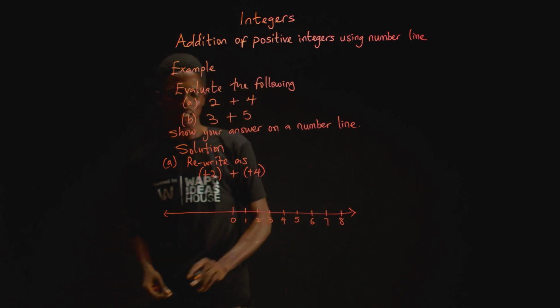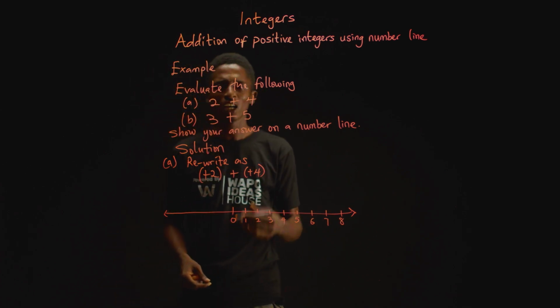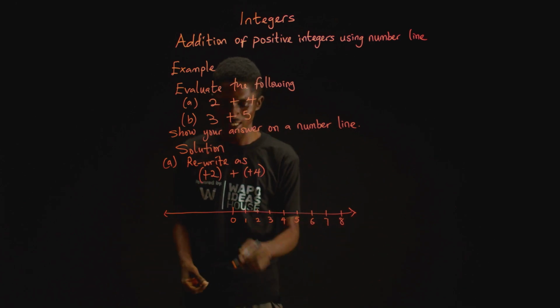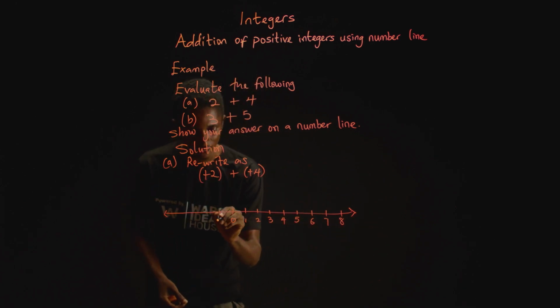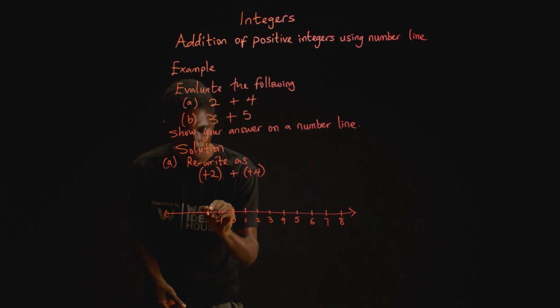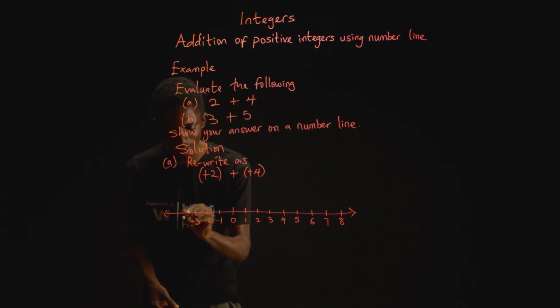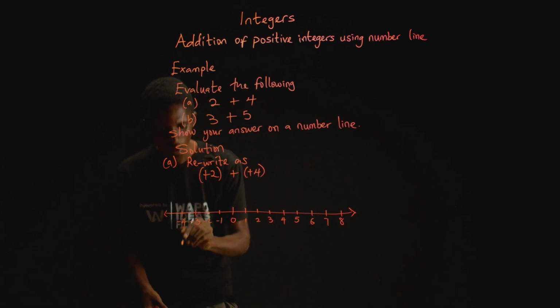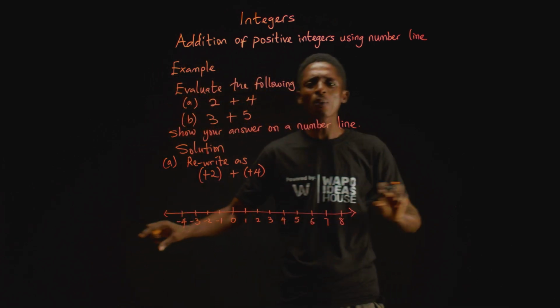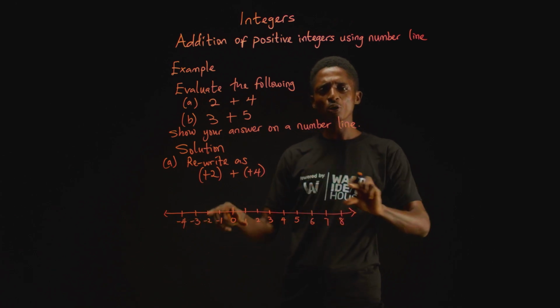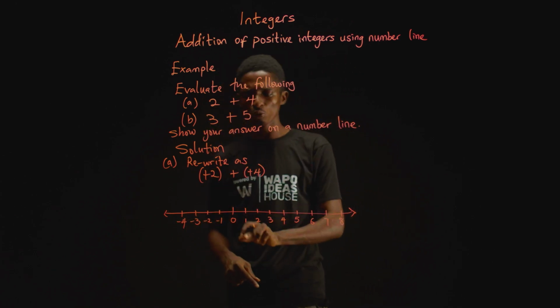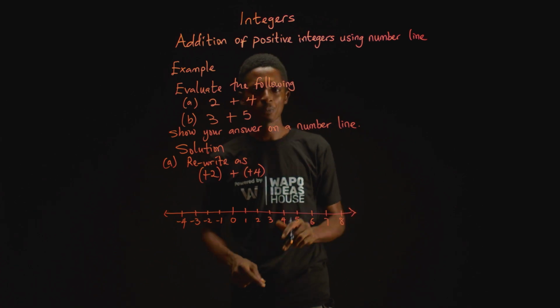And to the left of the neutral integer, you put your negative integers. Also like this. -1, -2, -3, -4. Good. Now that we have our number line, we can then use this to evaluate +2 plus +4.